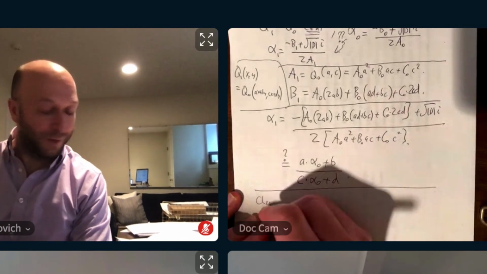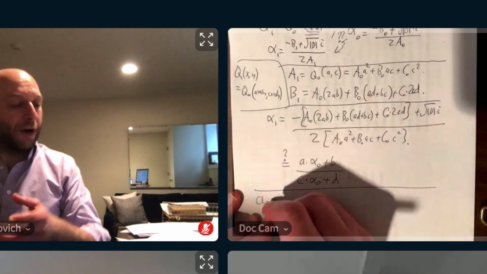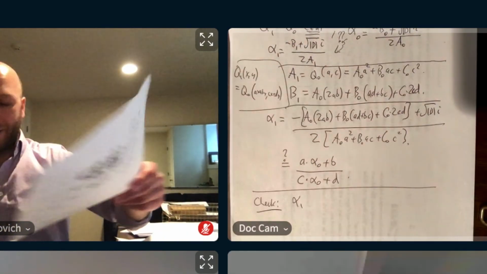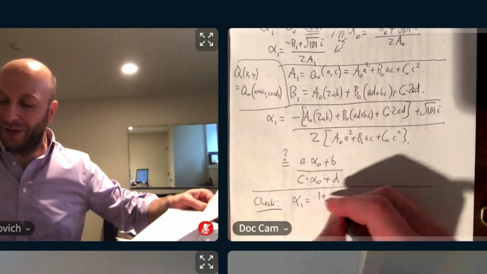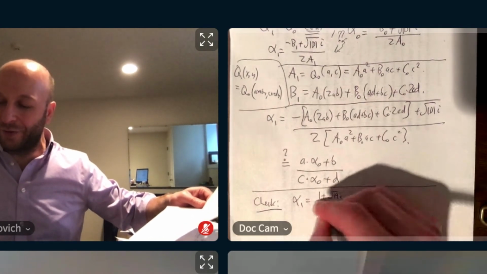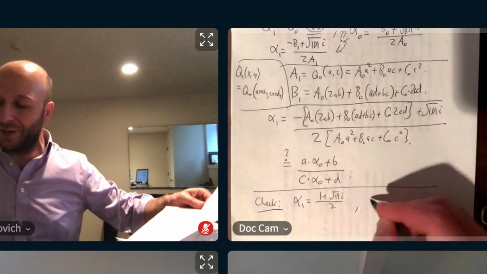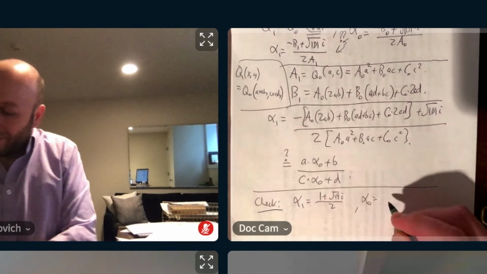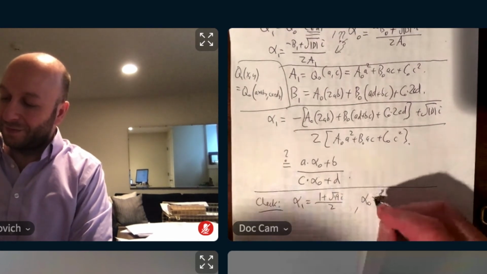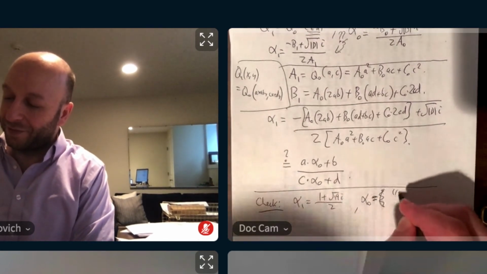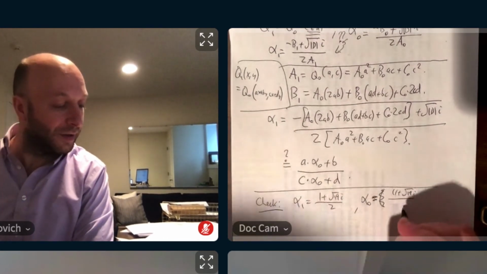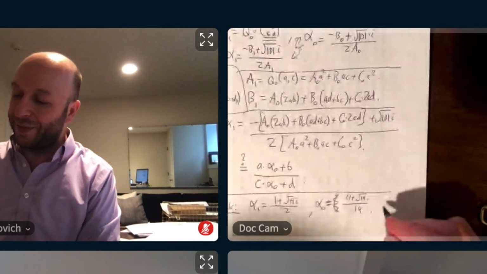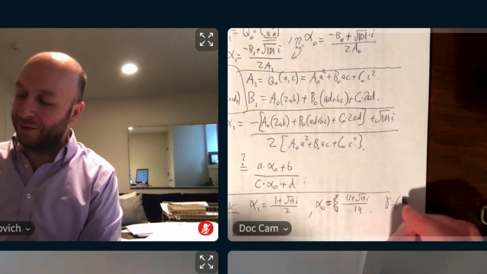Check in our explicit example: alpha 1 was 1 plus root 19I over 2, and alpha 0 was 11 plus root 19I over 14. And the question is, if I apply ABCD and gamma, ABCD was 1, 0, 1, 1.